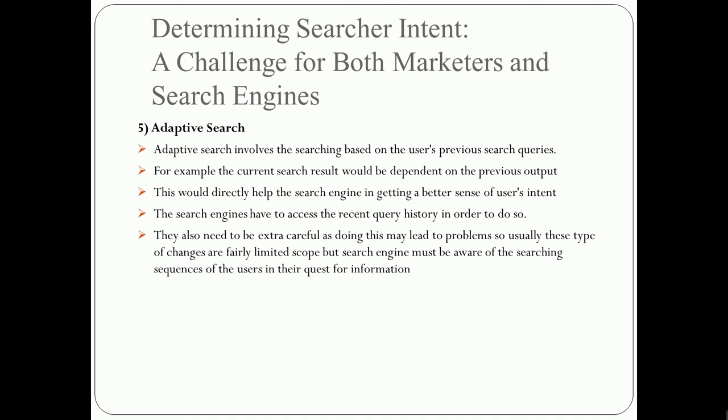The search engine has to access the recent query history in order to do so. The search engine wants to access the recent queries used by the user, and based on that it gives the result.